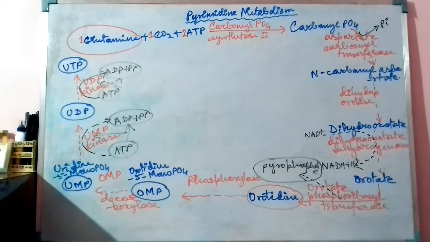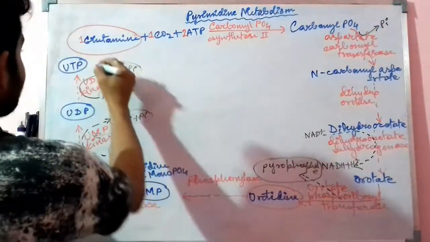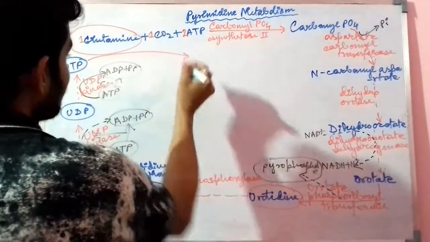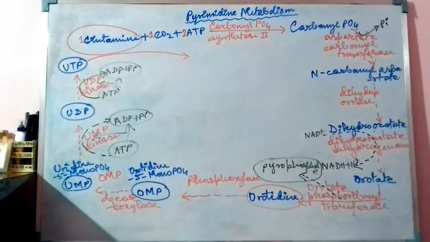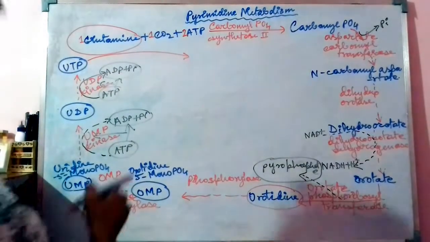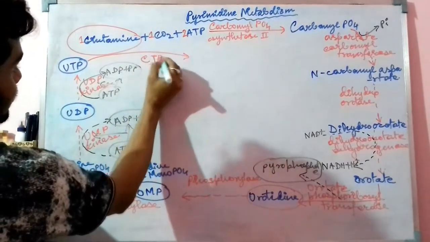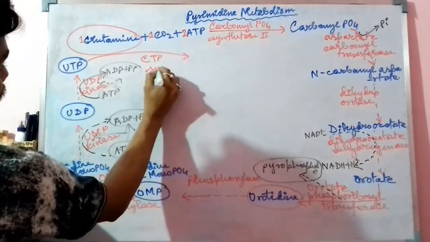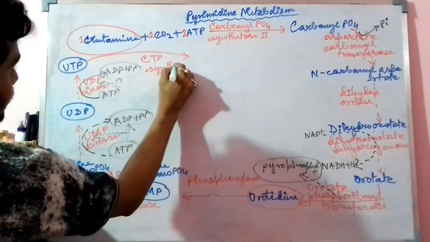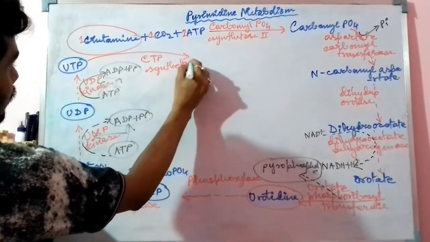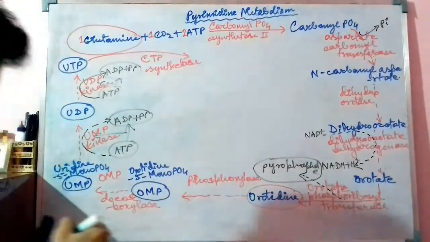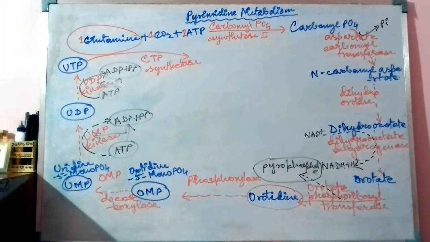Okay, now this uridine 5 triphosphate, in the presence of the enzyme CTP synthetase, cytidine triphosphate synthetase, gets converted to what?